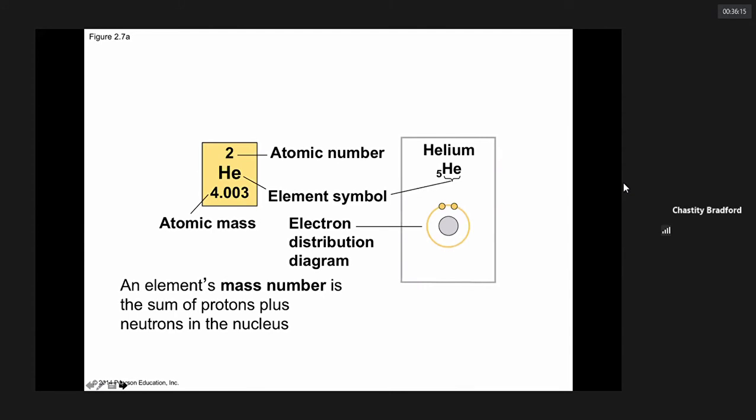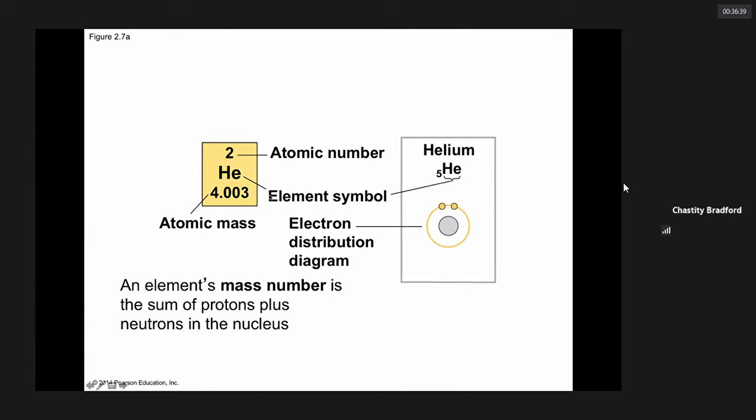Okay? Don't forget it. Now, you'll look at periodic tables and you'll see things like this. If I were to ask you, what is the mass number of helium? Not the atomic mass, the mass number.